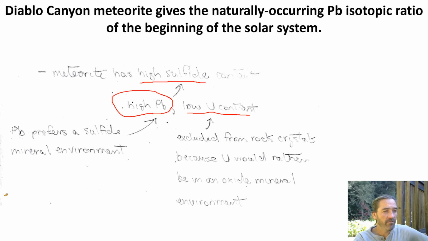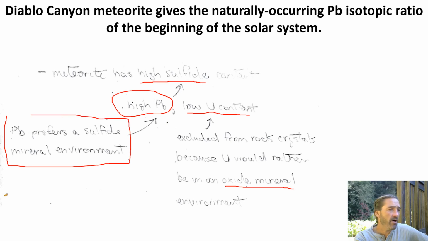Uranium primarily forms oxide minerals. So in a meteorite that has a lot of oxide minerals like iron oxide, aluminum oxide, that's where you're going to find uranium. But lead, it prefers sulfide. And if you're a chemist, this kind of follows hard, soft, acid, base theory.